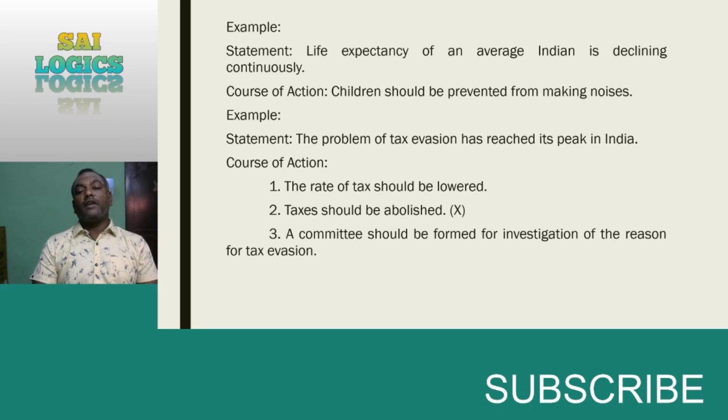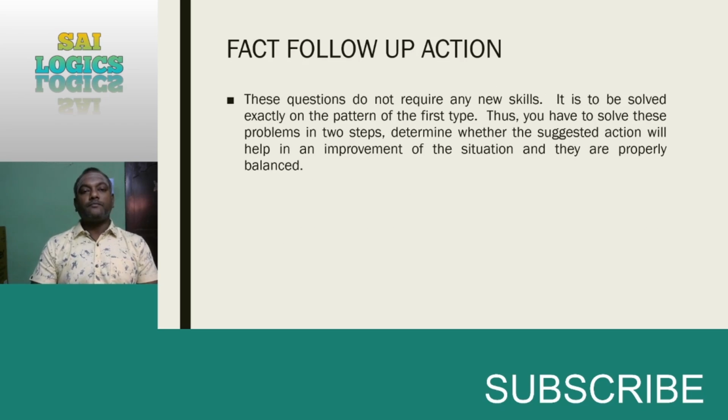If it is giving a new problem, then that course of action is treated as wrong. And the final one: a committee should be formed for investigation of the reason for tax evasion. It is a common phenomenon in our country. Whenever a problem arises, our government immediately forms a committee for investigation. So that will be the right course of action.